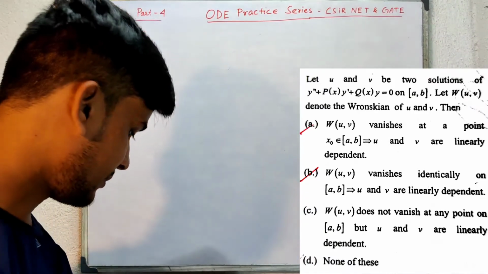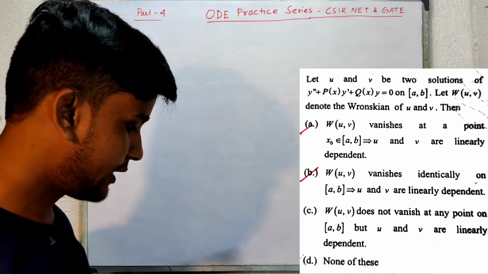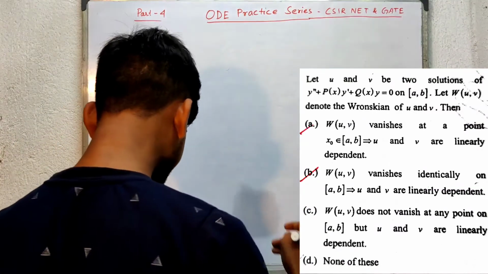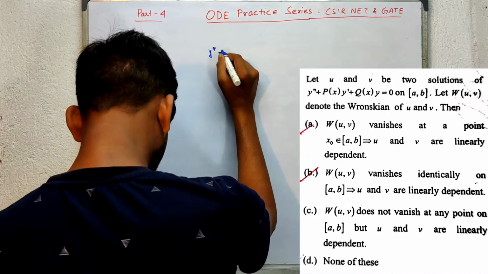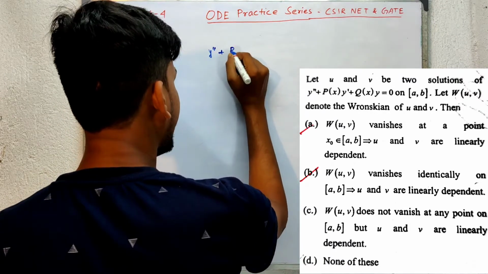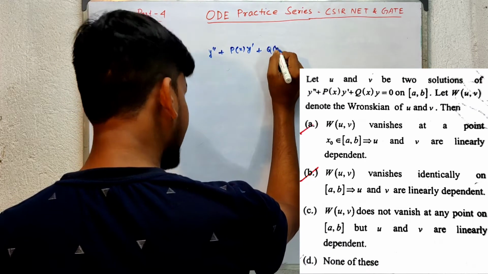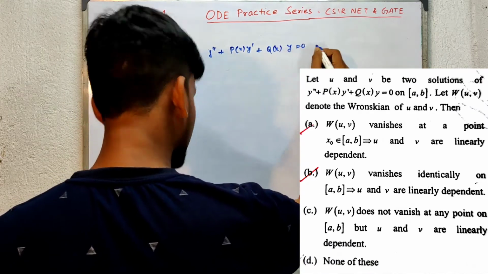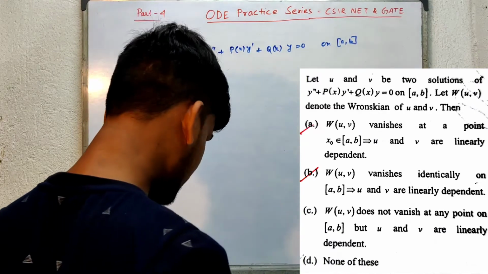I think this will be question number 25. Question number 25 says: let u and v be two solutions of the differential equation y double dash plus p(x) y dash plus q(x) y is equal to 0 on the closed interval [a, b].